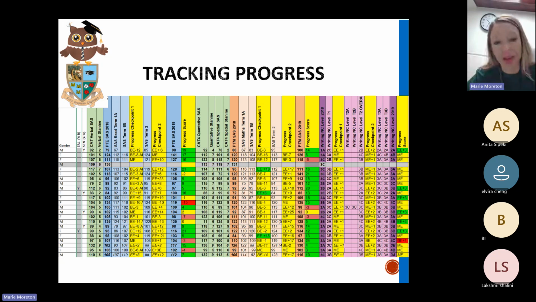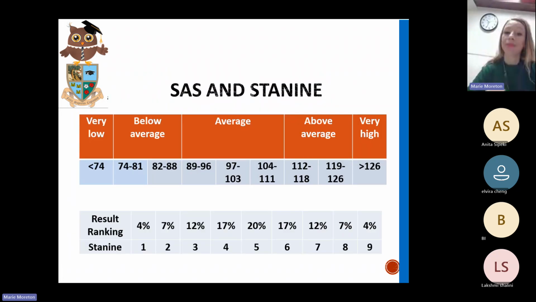So again, it starts some really useful conversations from this tracking document, and we have time during our staff meetings for teachers to get together and ask these questions and really explore with each other what they can do to help as well.